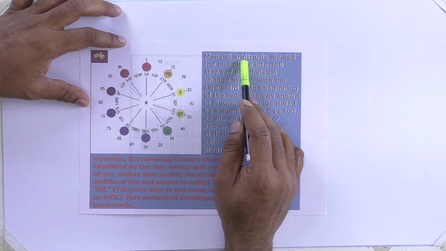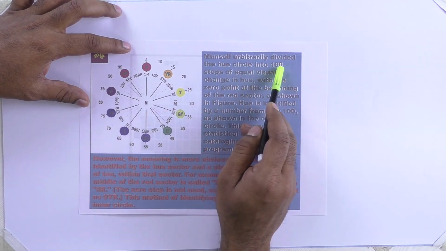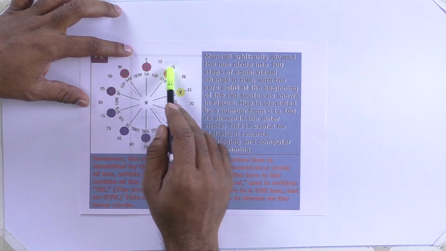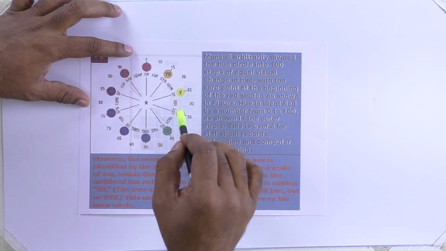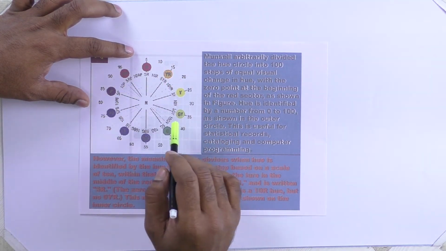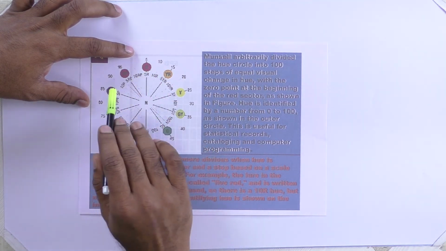Munsell arbitrarily divided the hue circle into 100. So see, this is divided into 100: 5, 10, 15, 20, 25, up to 100. And all the possible colors are included in this circle.